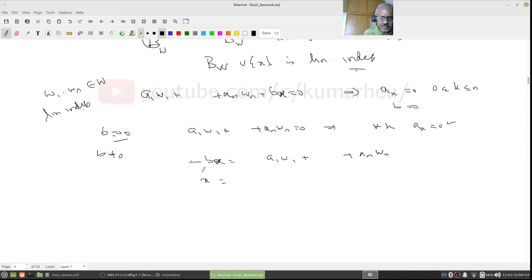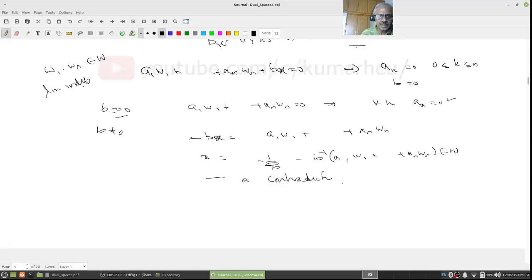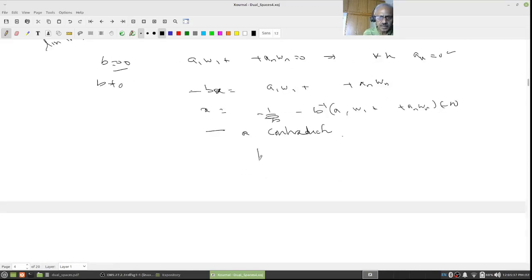Therefore my x is, since b is not 0, I can write it as minus b inverse times (a1 w1 plus ... plus an wn). That's an element of W, a contradiction. Is that clear? Pause, review, proceed.